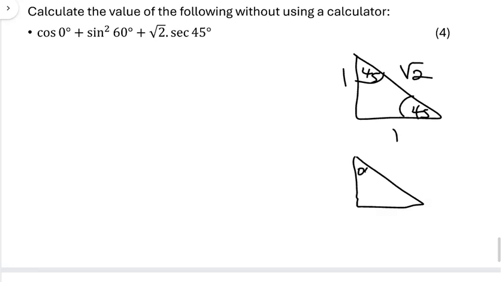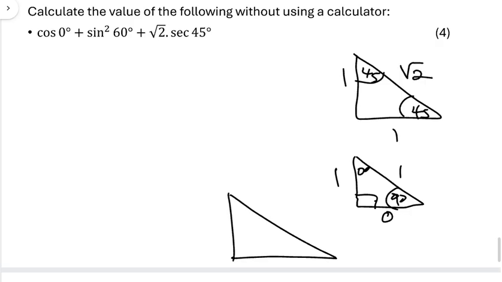You have 0 degrees and you have 0 this side. You have 90 and 90, then 1 and 1. And then the 60 degree one, you have a 30, a 60 inside, a 90. Next to 30 you have 3, which is square root 3, 2, and a 1.